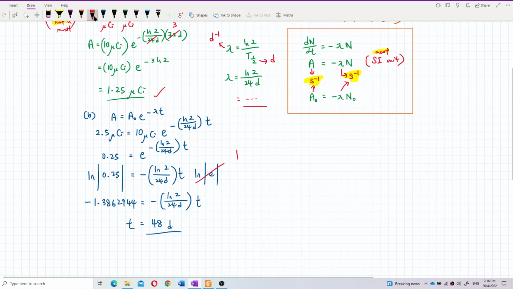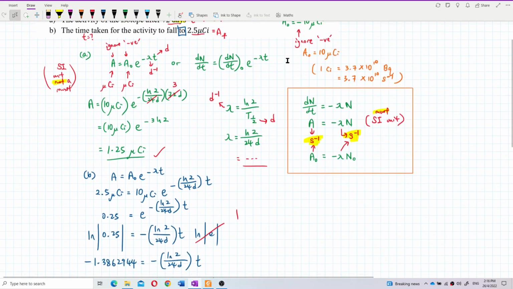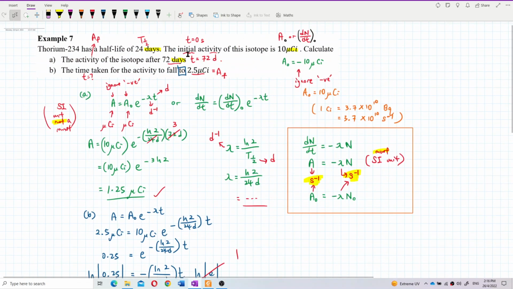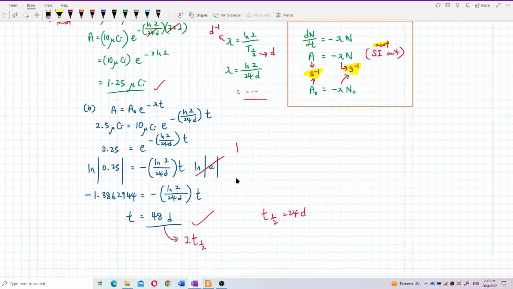So this one has undergone, you know, my activity, this is my initial activity, it has undergone 2 times half-life. My half-life is 24 days, so this is considered twice the half-life.